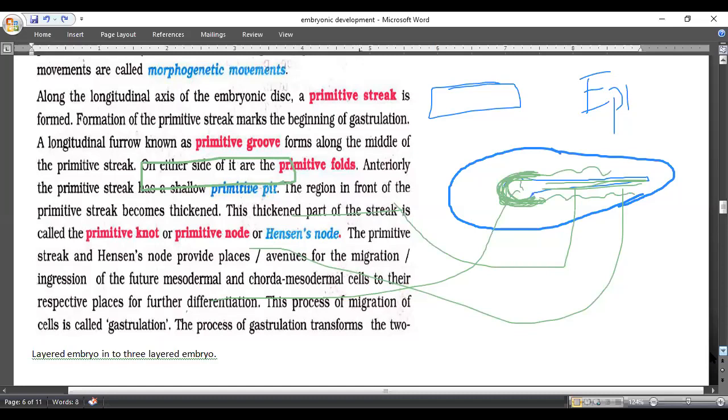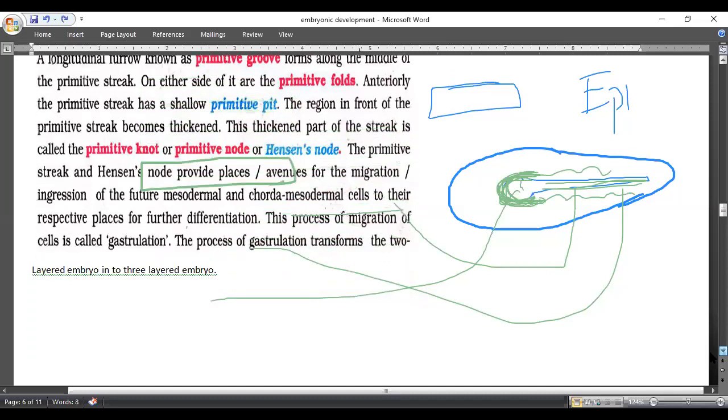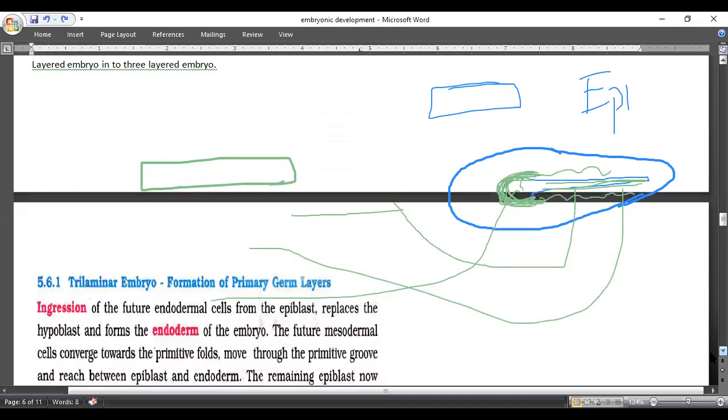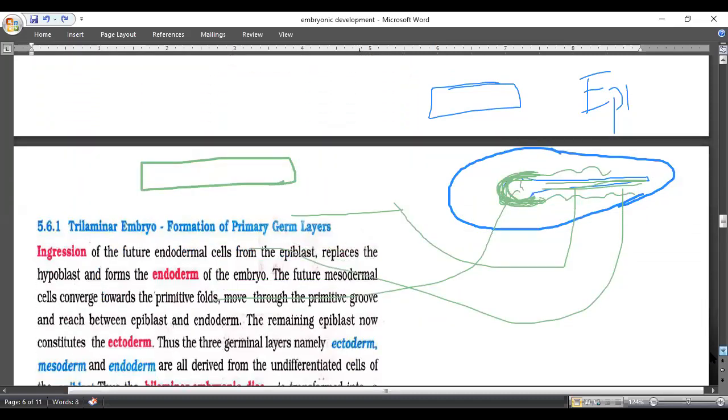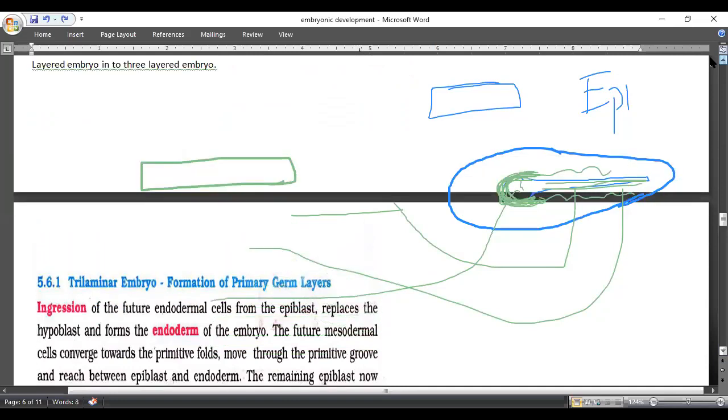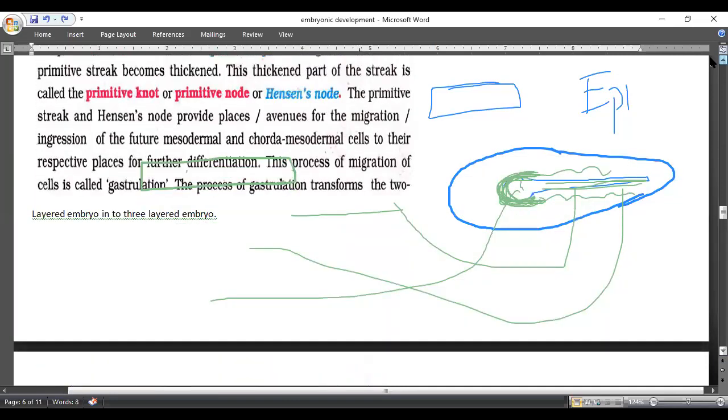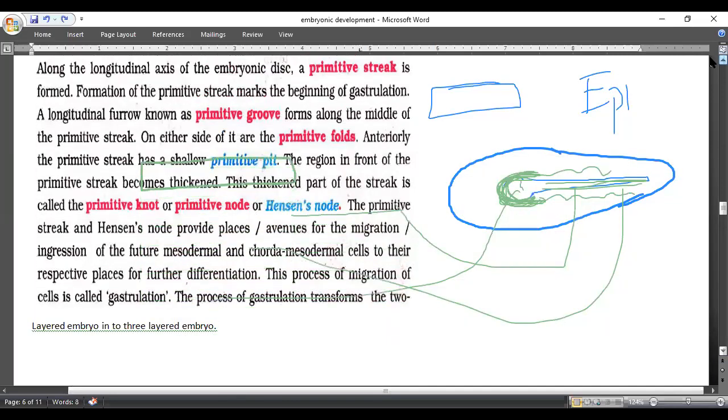The process of migration of cells is called gastrulation. The process of gastrulation transforms the two-layered embryo into a three-layered one.